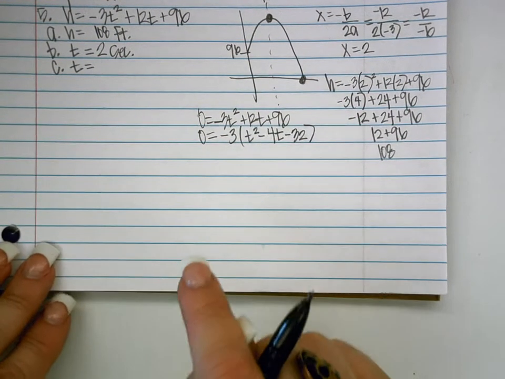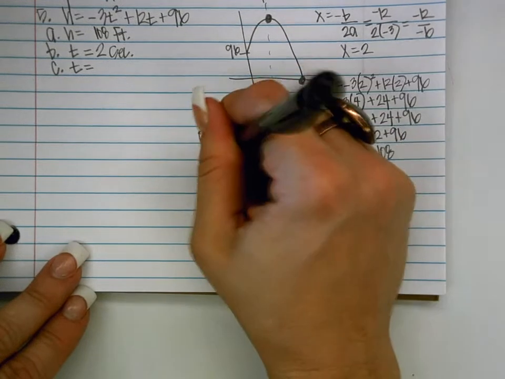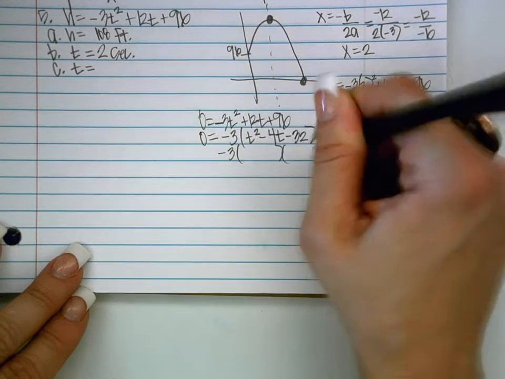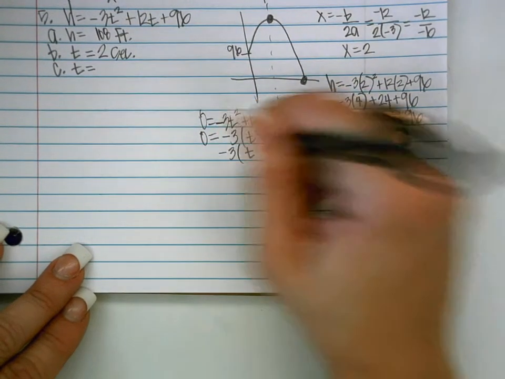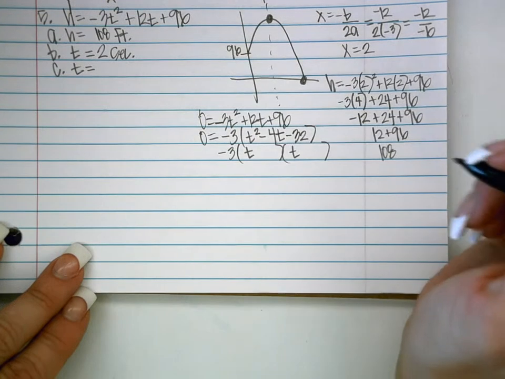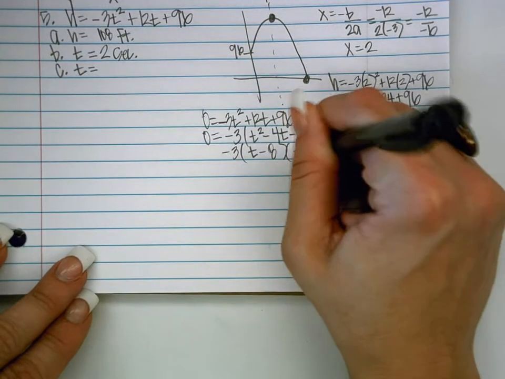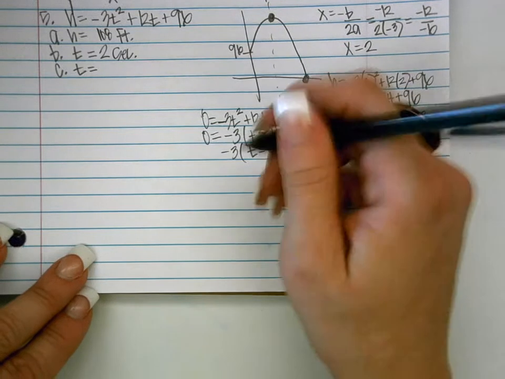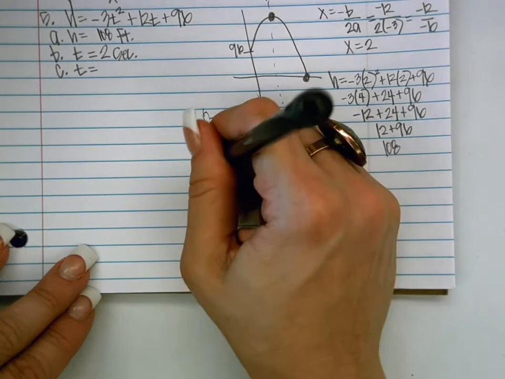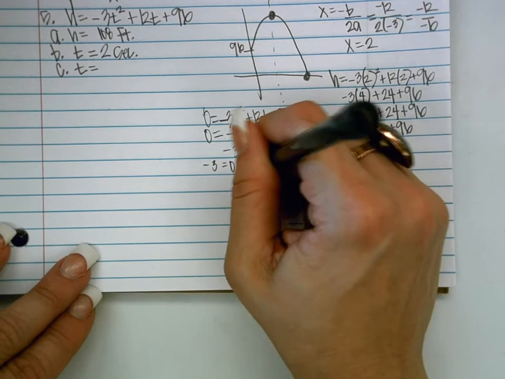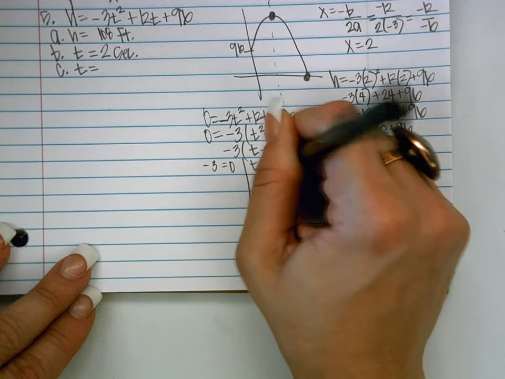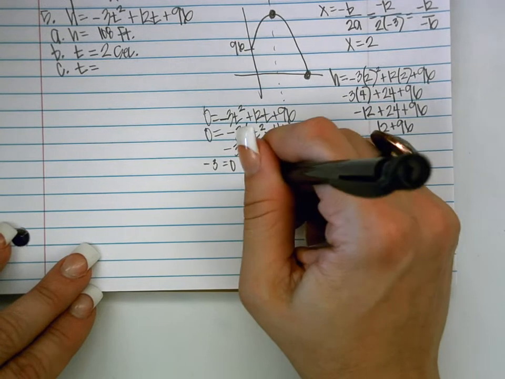Then you can factor this, so negative 3. What multiplies to negative 32 and adds to negative 4? Negative 8 and positive 4. Then set each part equal to 0. T minus 8 equals 0, so adding 8 to both sides, t equals 8.